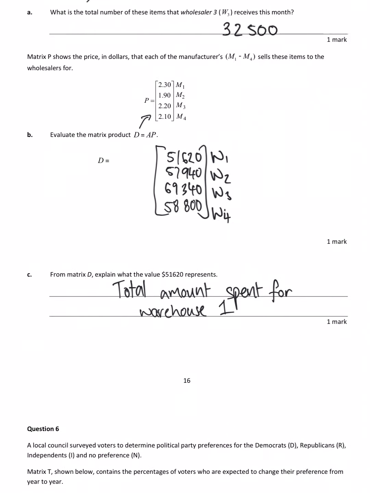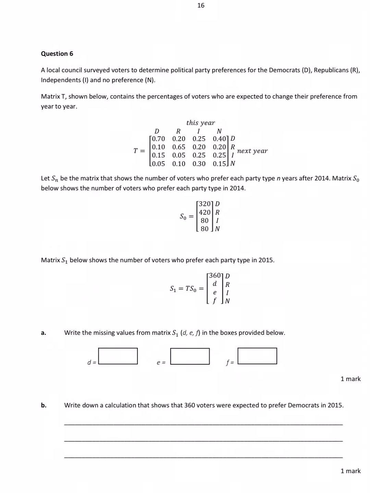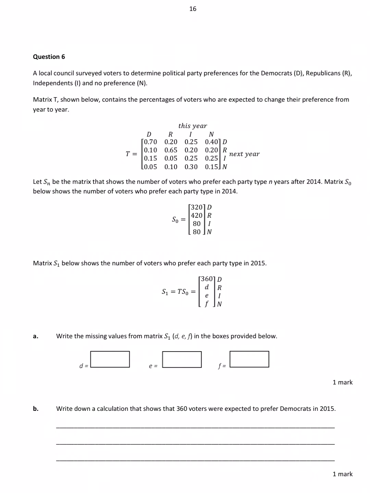Cool. All right, question 6. A local council surveyed voters to determine the political party preferences for the Democrats, Republicans, Independents, and no preference. Okay, matrix T contains the percentage of voters who are expected to change their preference from year to year. Okay, so we've got the transition matrix for each year.